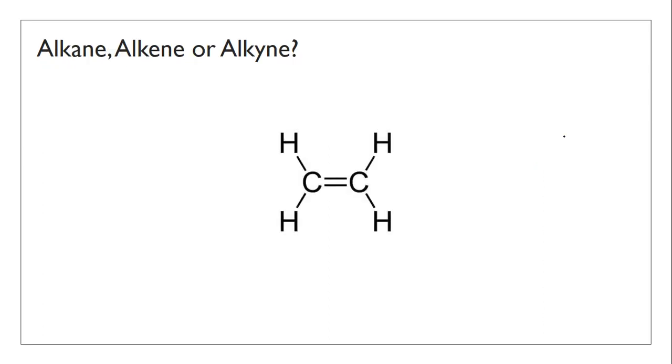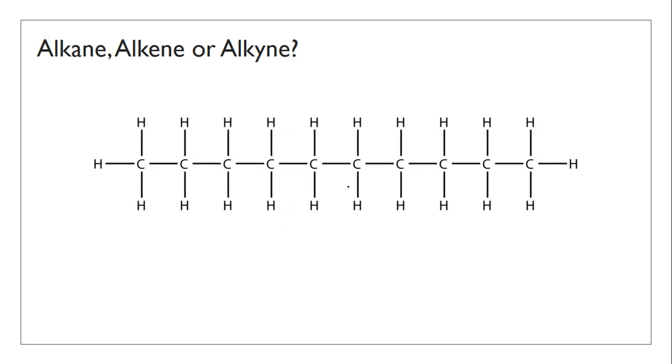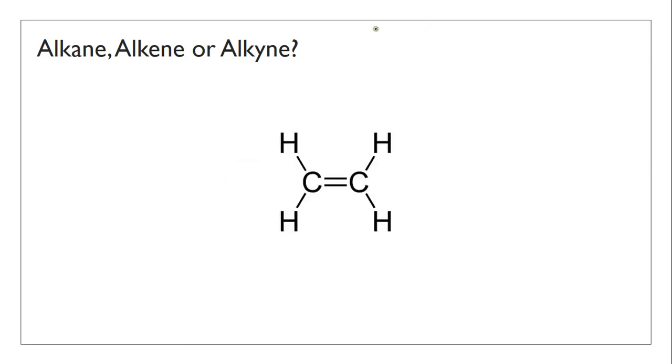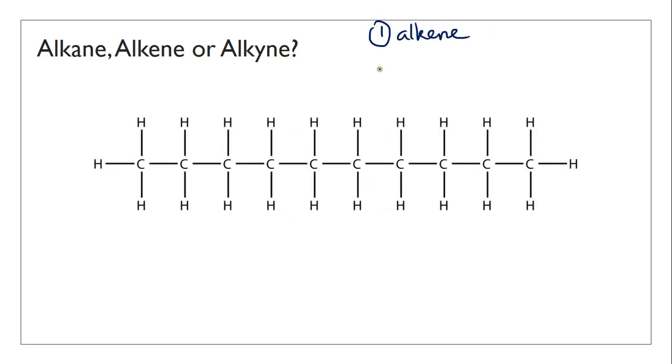All right, so let's start with this. So this will be an alkene, and then this only contains carbon single bonds, so that's an alkane. I probably should write it out somewhere. Okay, let's try again. So number 1 is an alkene, and number 2 is an alkane.